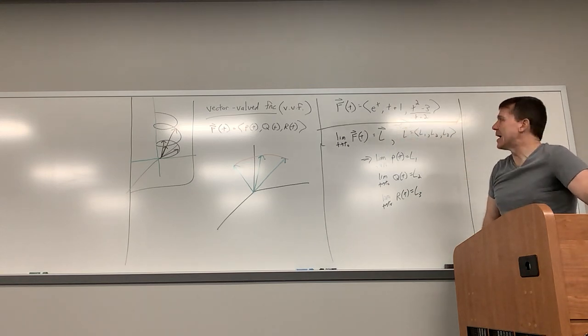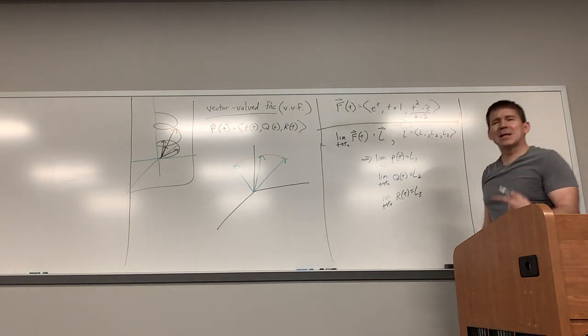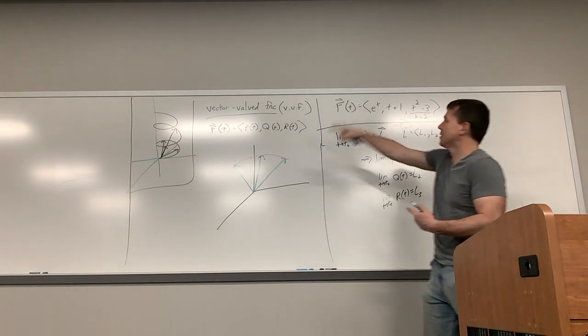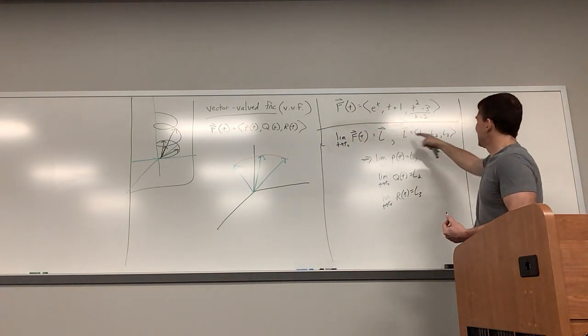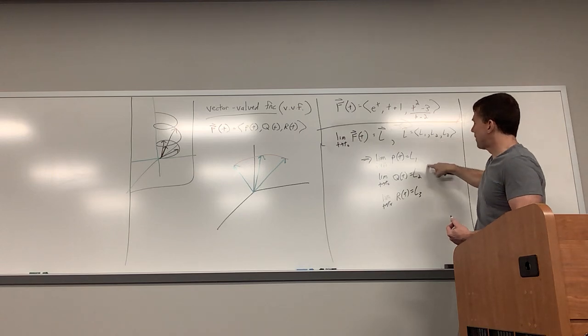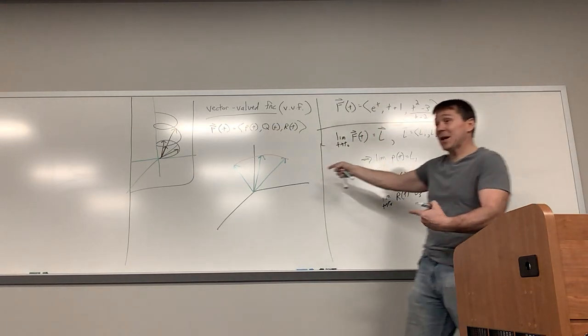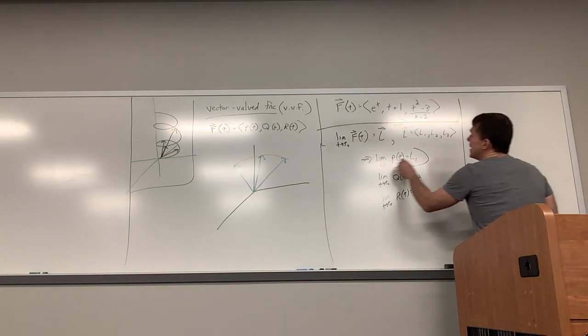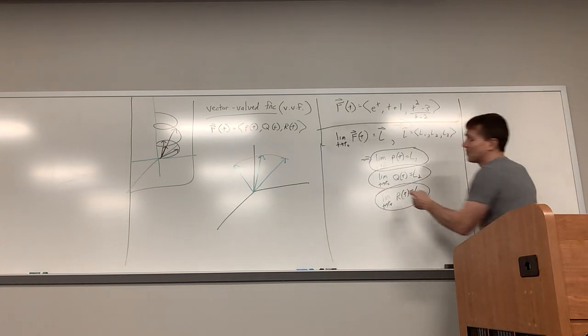And I will point out, and we've mentioned this in class before, I don't necessarily have a rule to calculate the limit of a vector function, but since I define the limit in terms of L, which is defined in terms of each of the component functions, each of the component functions is a real valued function, so these are just regular limits of single variable functions.